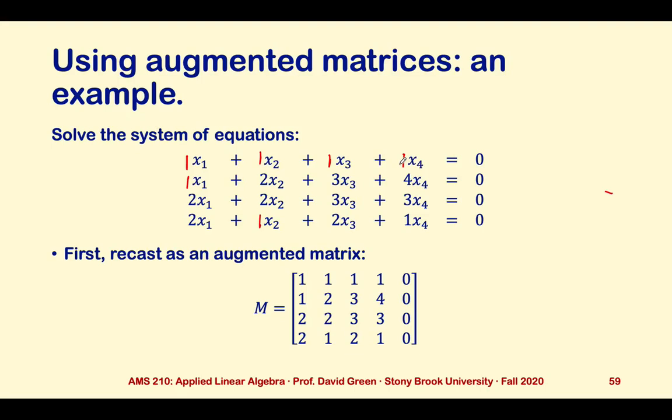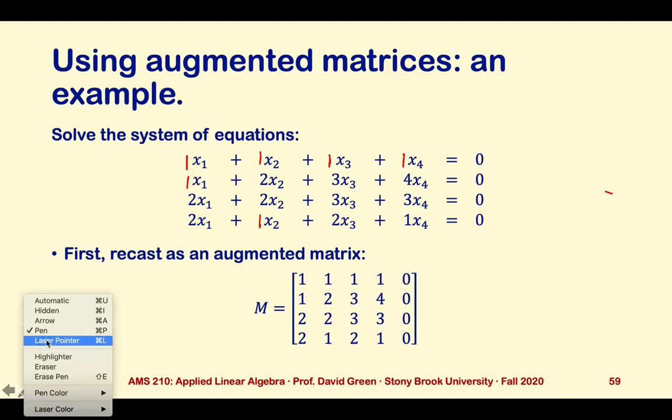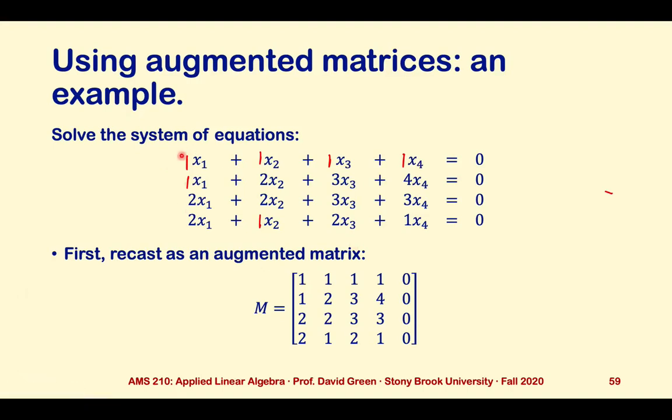Once we do that, the first column of the augmented matrix is the coefficients in front of x1. The second column of the augmented matrix is the coefficients in front of x2. The third column, the coefficients in front of x3. The fourth column, the coefficients in front of x4.